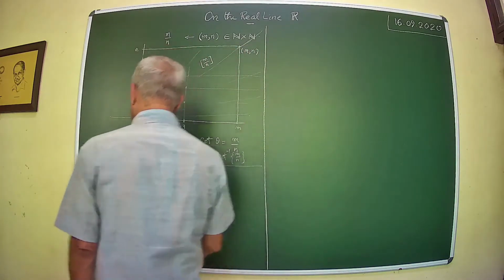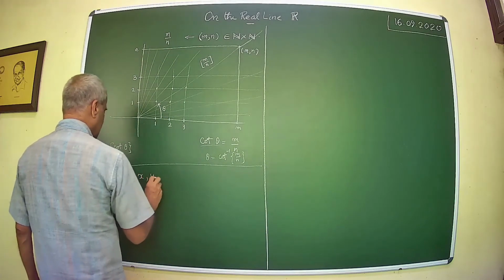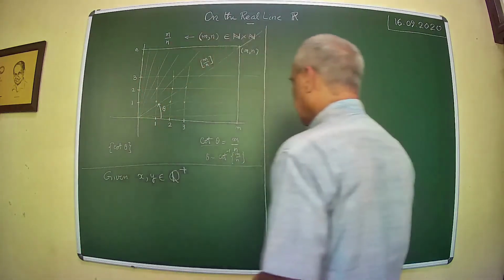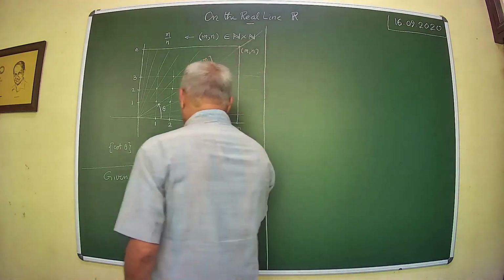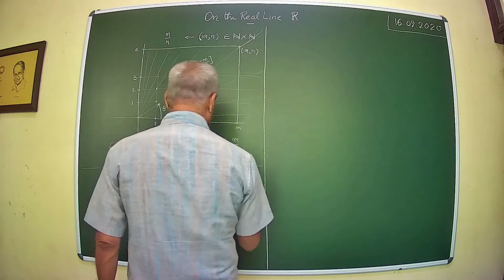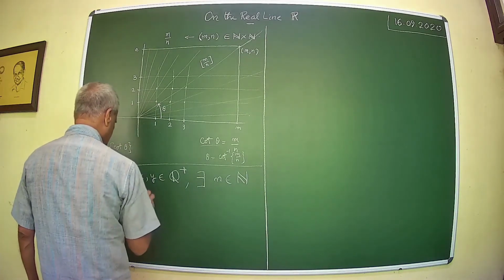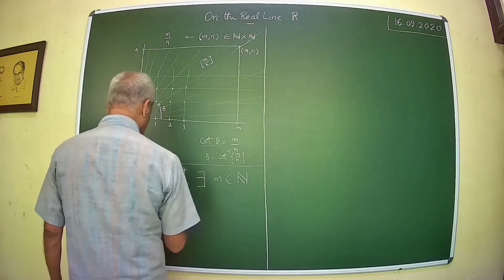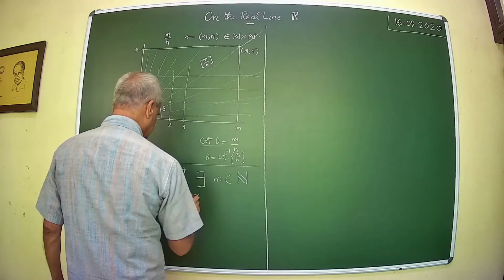The second remark I want to make is a result that is there for all these rationals. Now you see, given x and y in Q plus, you've already got Q plus, there exists n in N such that y is less than n times x.